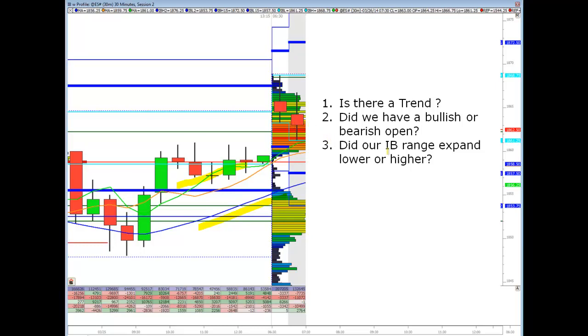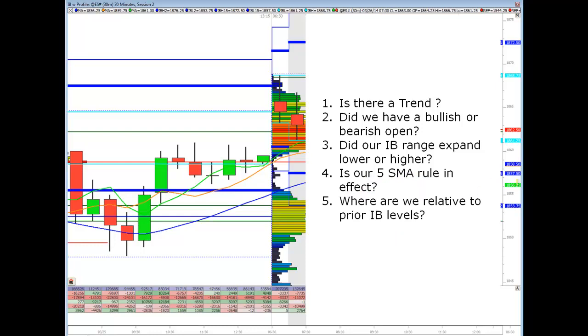Did our IB range expand higher or lower? It did expand lower in this case, and you can see it right there, the step action, very easy to discern. We talked about the 5 SMA rule, and it is not in play. We haven't even made it to the 5 yet. We're certainly heading towards it, but we're not quite there yet.